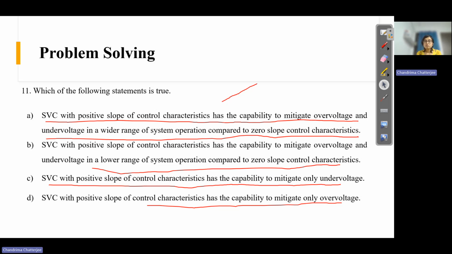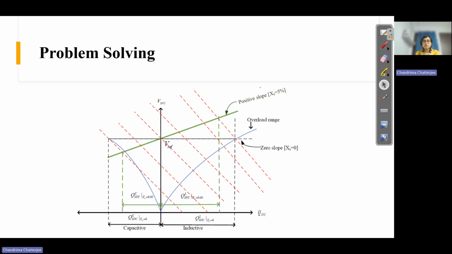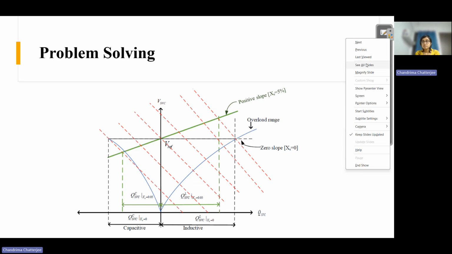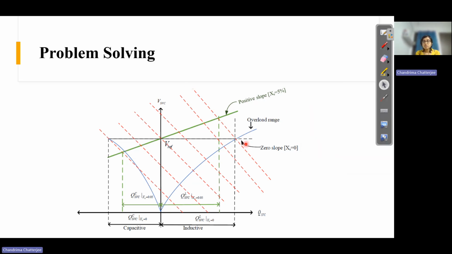To find the correct answer, we will have to look into the control characteristic along with the load lines. These red dotted lines are the load lines. At the point where they intersect the characteristic, we take that point.